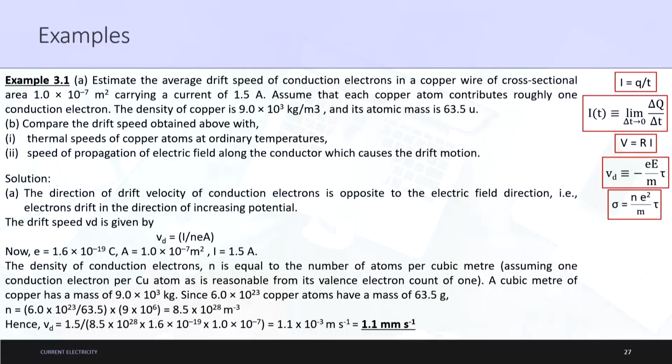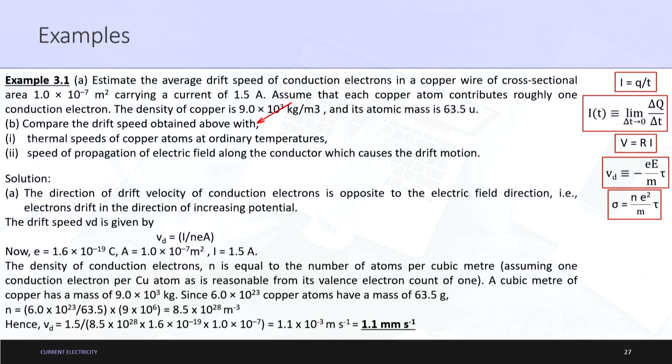Now, to explain the order of the electrons' drift velocity, I explain using an example. Please look over the example, it is just mathematical calculation. Also, one question has been explained here, to compare the orders of magnitude of drift velocity and thermal speed, etc.